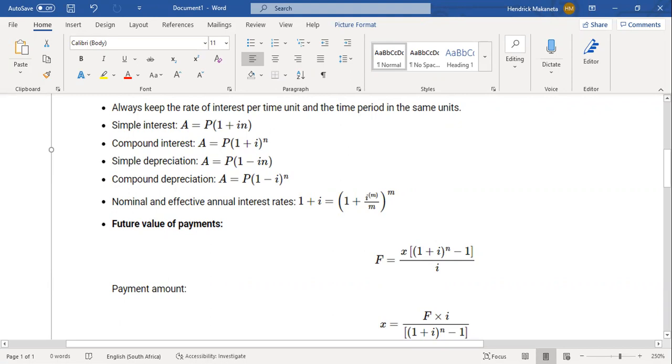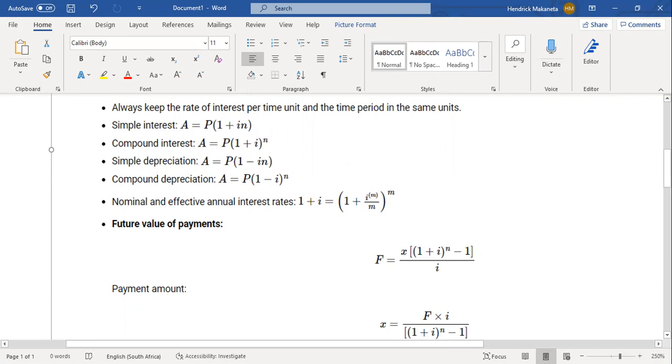And the simple depreciation, we also call this the straight line depreciation. I'm sure that in the previous lessons you might have been taught about the straight line depreciation. This is the value of any good that is now reduced or depreciated in its value.